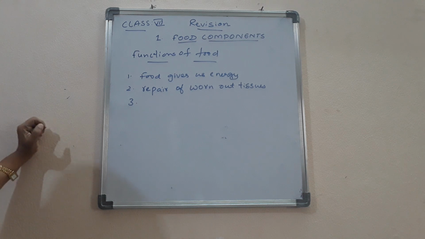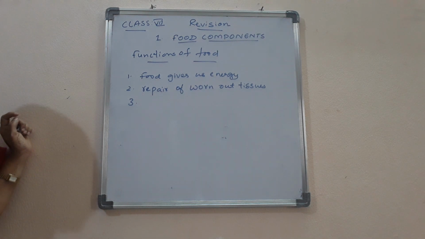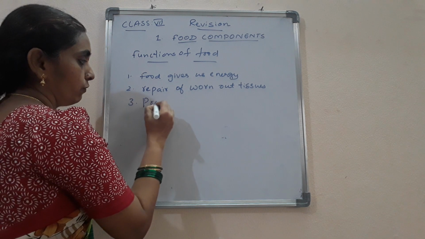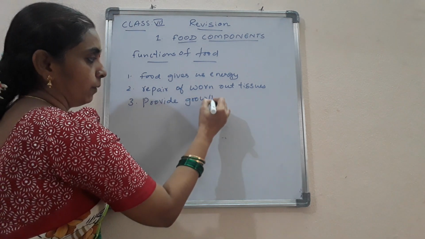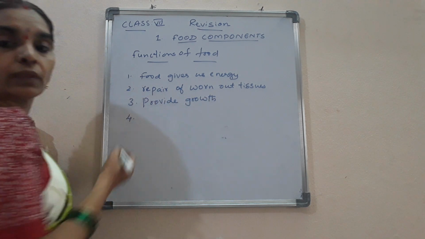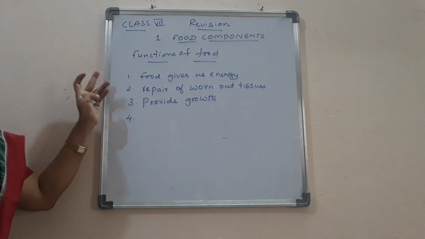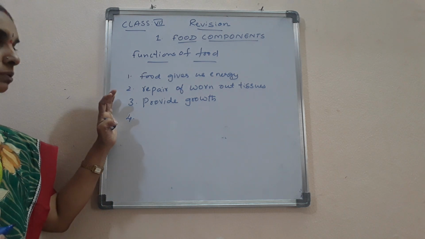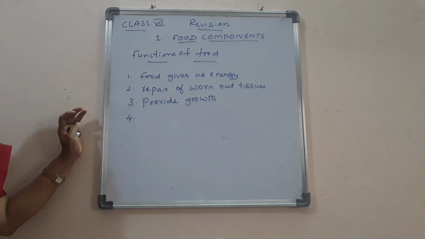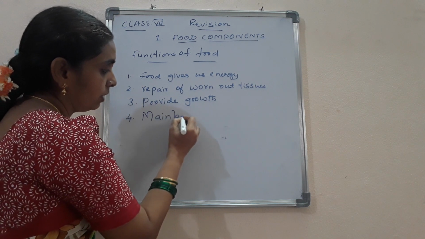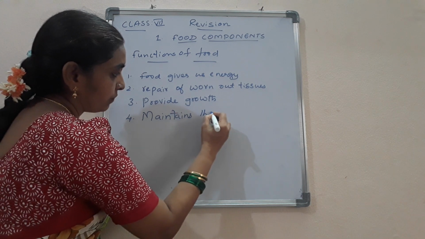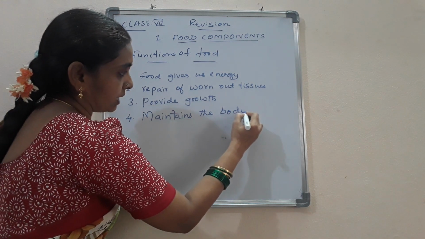Okay, children. Next, it helps to provide growth. Food also helps to provide growth of the body. So food gives us energy, repair of worn out tissues, provides growth, and maintains the body functions.